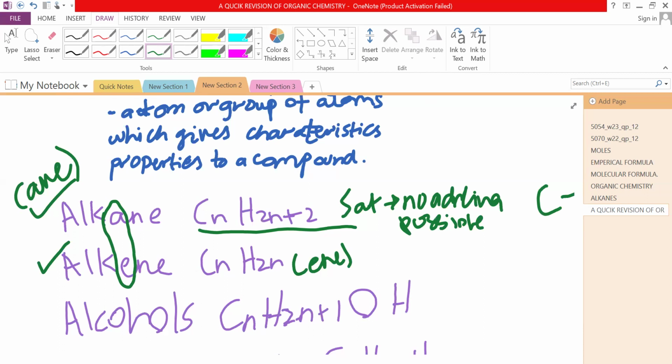So alkenes are unsaturated. Unsaturated means addition is possible, carbon double bonds are present. So alkene has at least 1 carbon double bond. If the compound has 1 carbon double bond, it is an alkene.